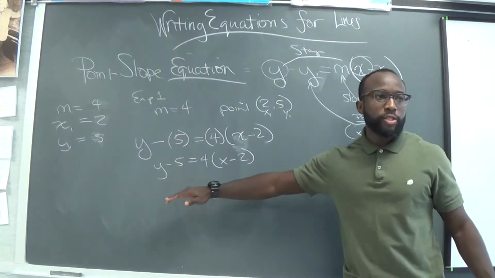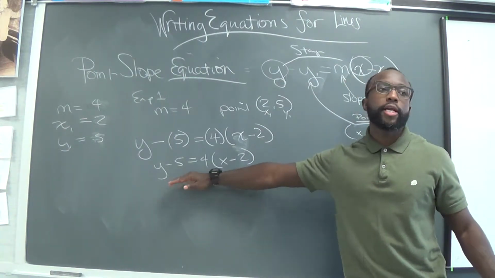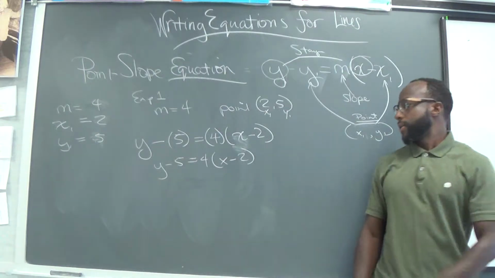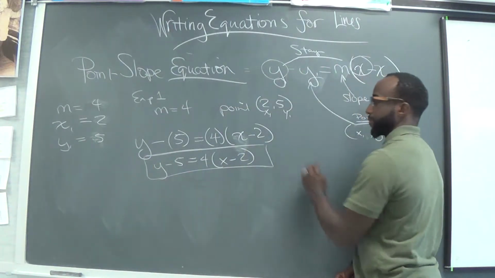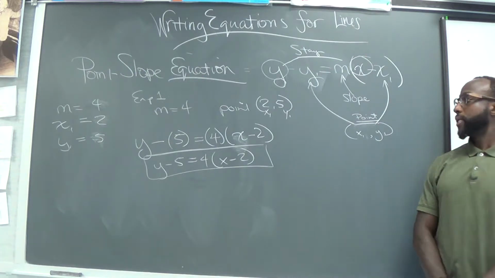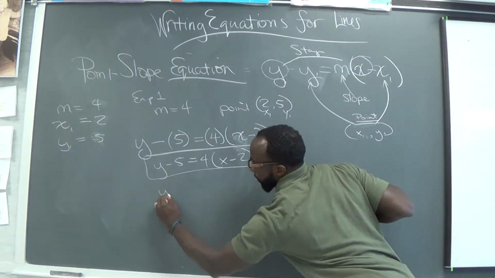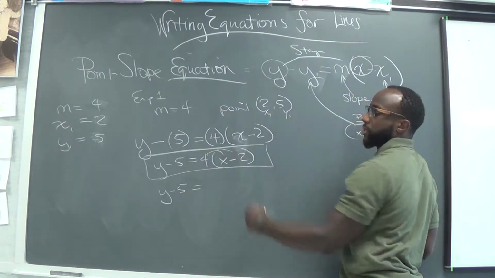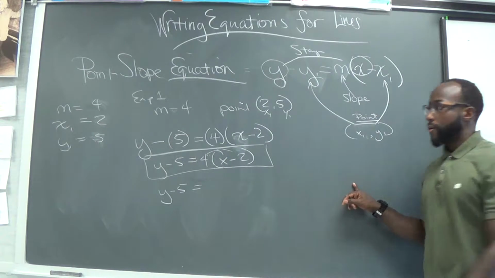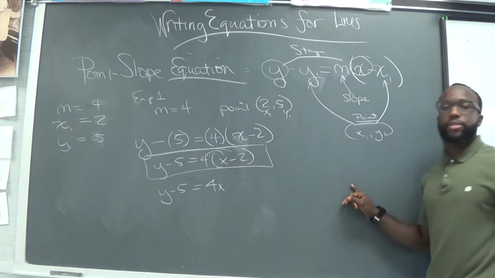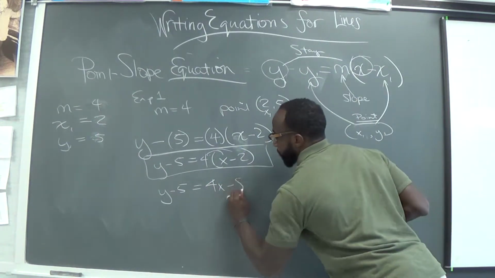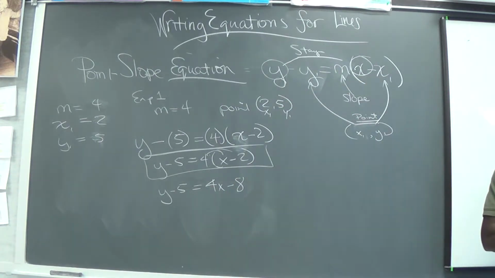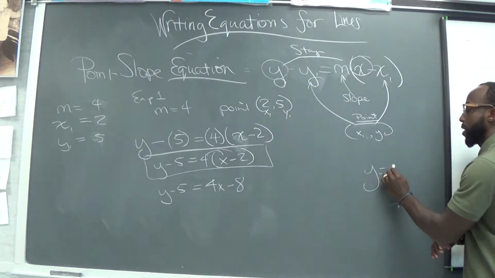Now, you can simplify this and get it all the way to slope-intercept form. This is point-slope right here. If you want to make it slope-intercept, we would take this y minus 5 and distribute the 4 through. So, 4 times x is 4x, and 4 times negative 2 is negative 8. What does slope-intercept form look like? Does everybody remember? y equals mx plus b.